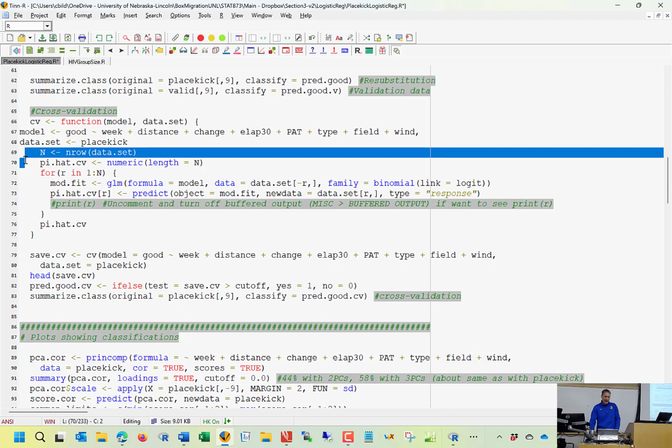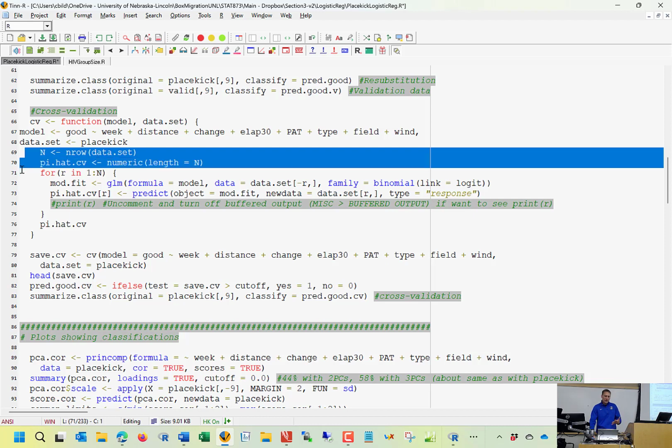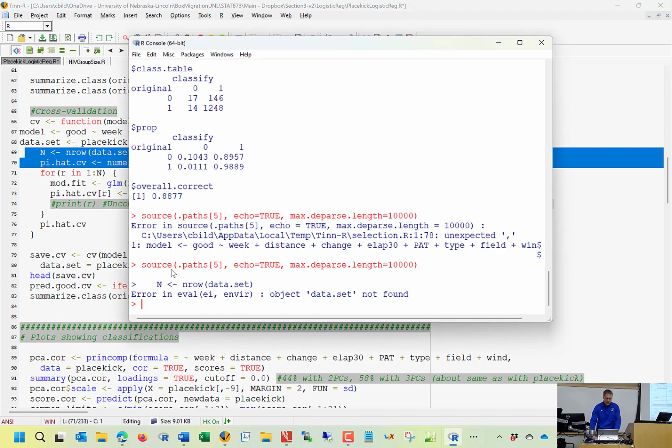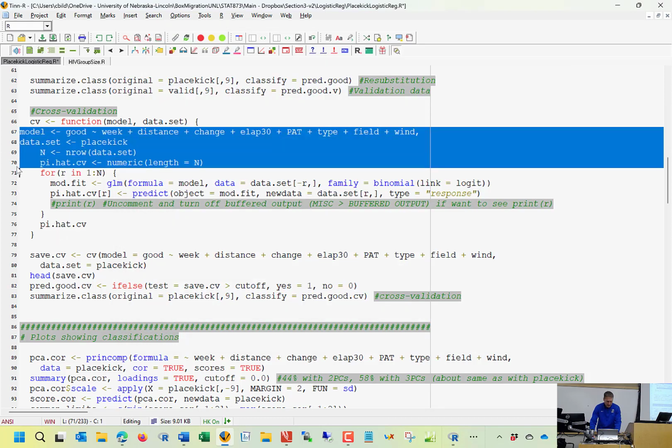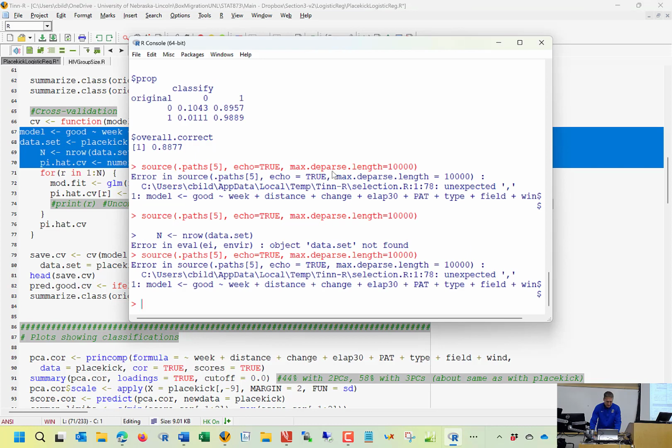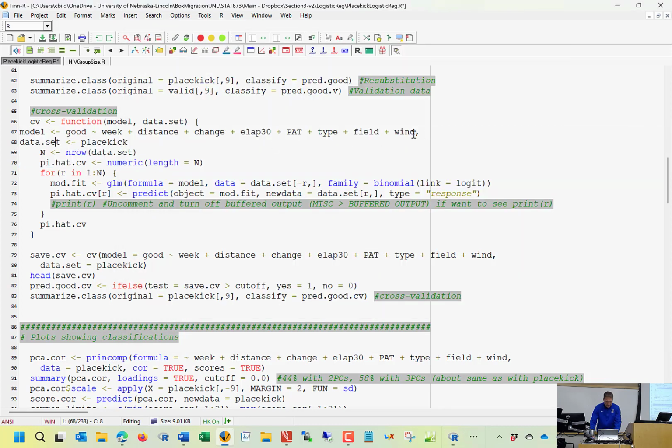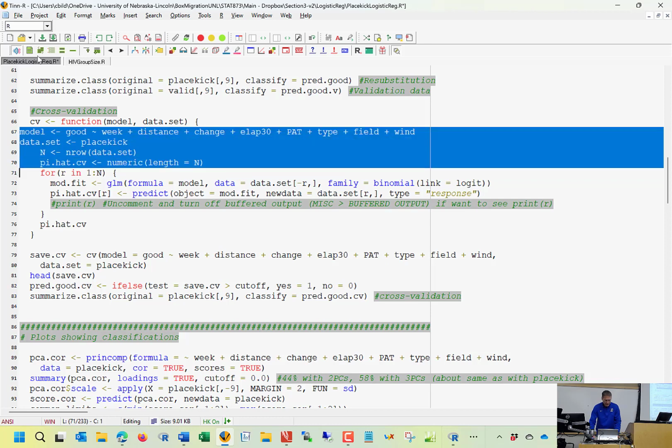So n gets nrow(data.set). This just finds my sample size, number of rows. And then I need to initialize a vector where I'm going to save the pi hats. So we've seen this code before, numeric with length equal to n.